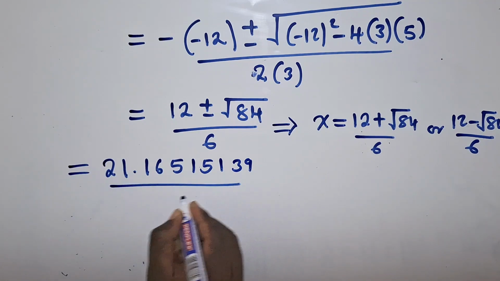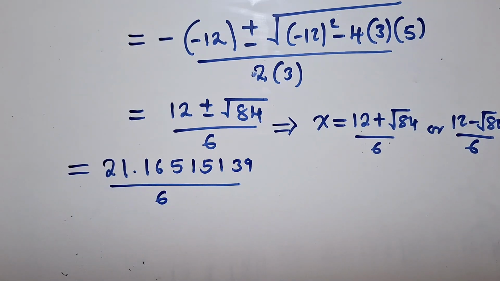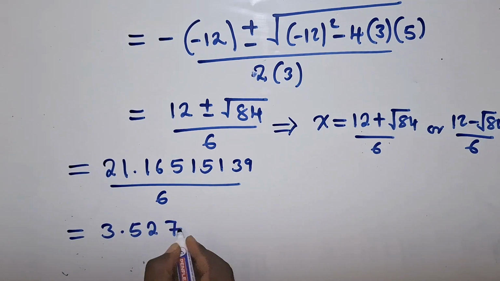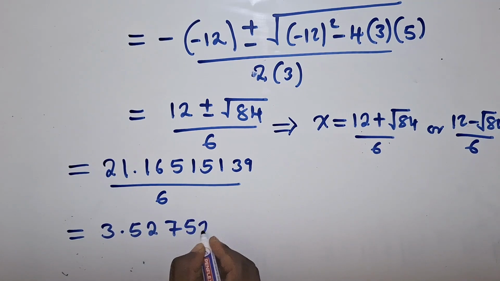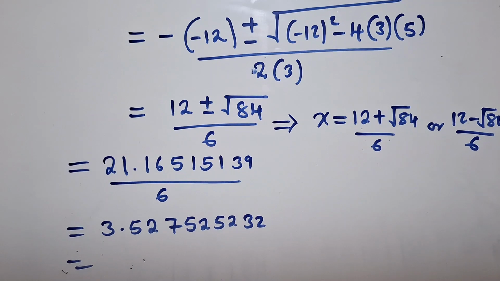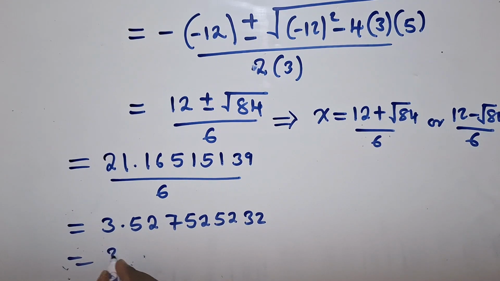We divide it by 6. So when we divide by 6, our answer is coming out to be 3.527525232. Writing this in two decimal places, we're going to have 3.53. So this is one of our solutions.